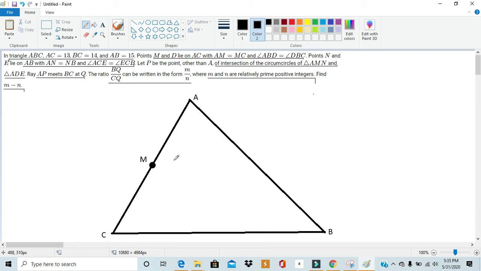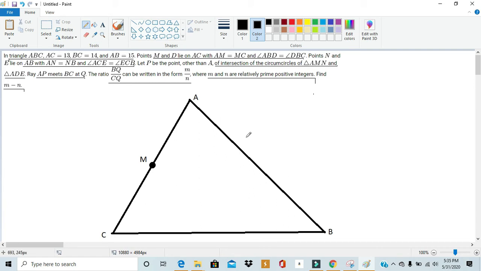Now, the question might be, where would this point D go? Would it go above M or below M? To figure that out, we just have to use some simple angle bisector theorem. Remember, AB is equal to 15 and BC is equal to 14. So the angle bisector would divide line segment AC in such a way that the part below AB divided by the part below side BC would give us the same ratio of AB over BC.